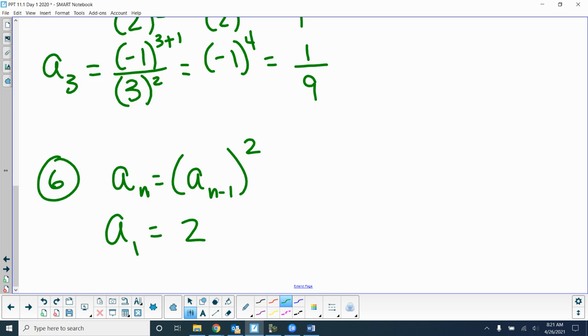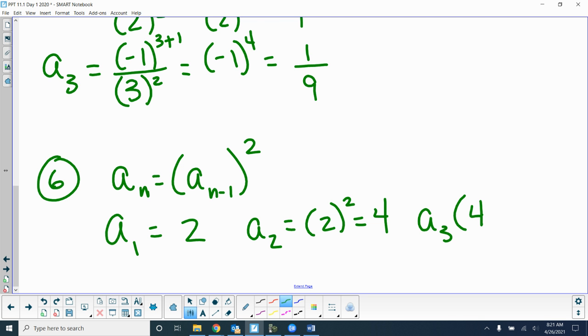So you already got the first one. All you gotta do is find the second and third. Some of you found the second, third, and fourth, which is okay. You don't have to get the fourth one. All it's saying is the previous term, squared. So the second one is 2, the previous term, squared, which is 4. And the third term is 4, the previous term, squared, 16.